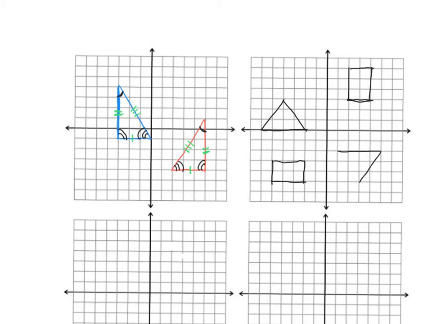So if I were to figure out which of these images are congruent, even though one is rotated from the other and flipped upside down and moved, I can say that those triangles are congruent to each other, and those rectangles, because they have the same size and their angles are the same, are congruent to each other.